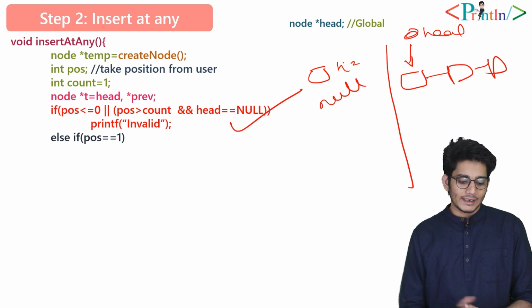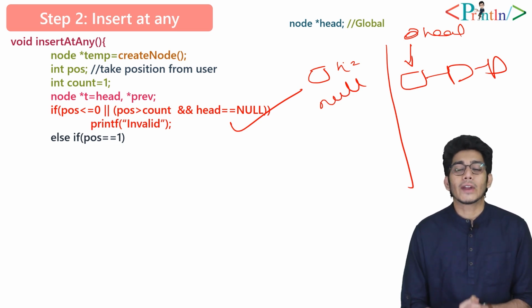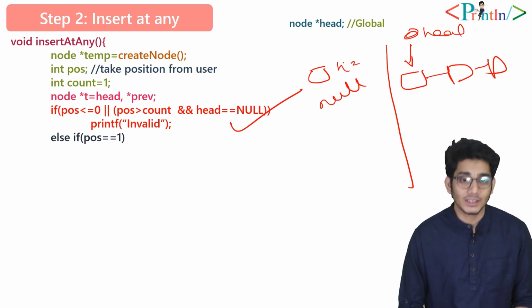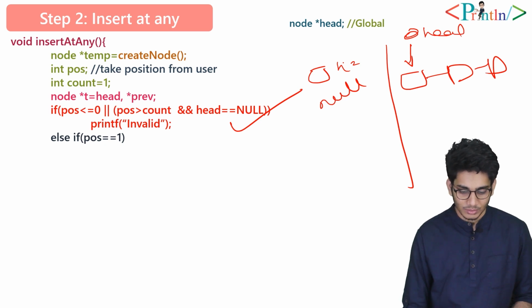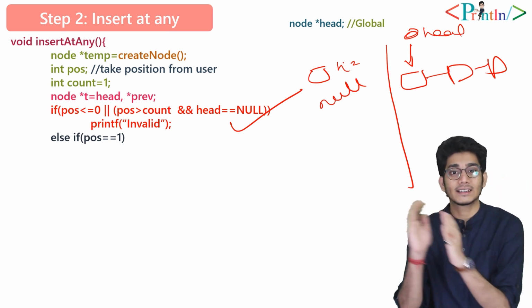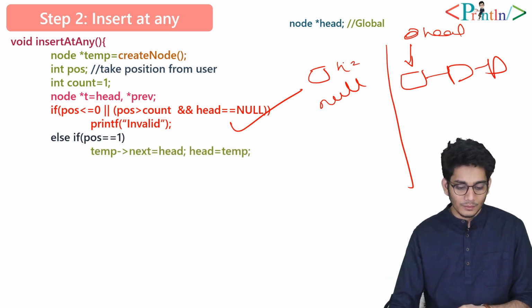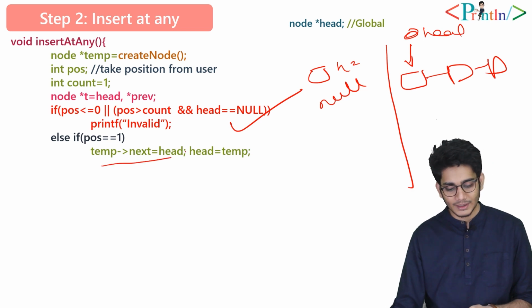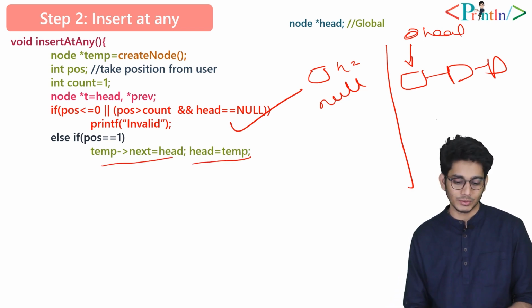So these are the two scenarios we have. If we are trying to insert anything at the first position, our head can be null or our head cannot be null. Then we'll just write temp next equals head, head equals temp.